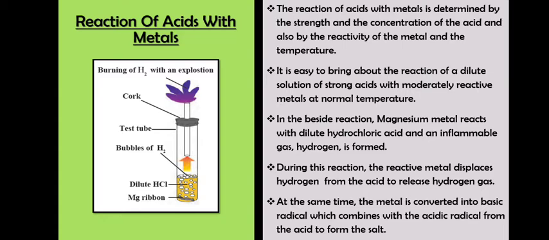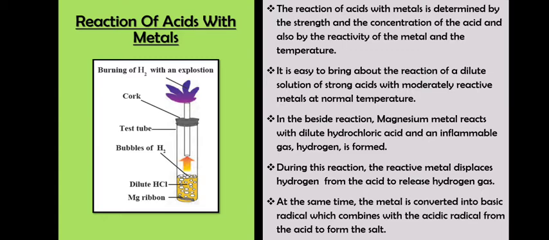Now, in the beside reaction, magnesium metal reacts with dilute hydrochloric acid and an inflammable gas, hydrogen, is formed. Now, during this reaction, the reactive metal displaces hydrogen from the acid to release hydrogen gas, right?